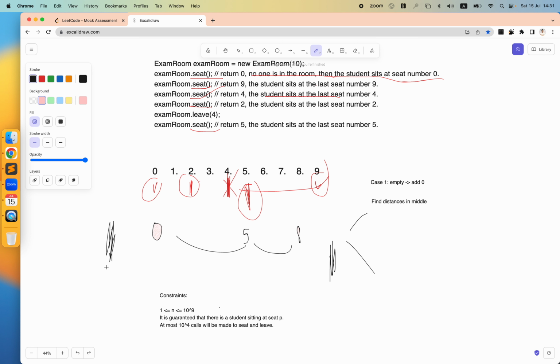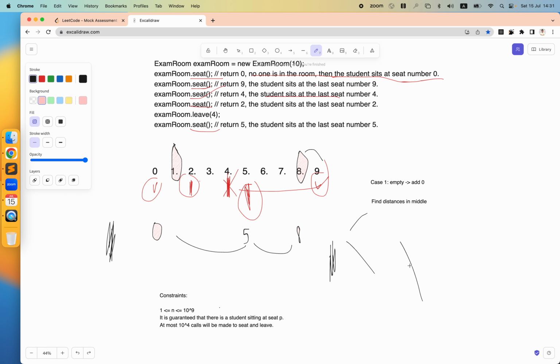In case this is only one here, the distance here should be 1.